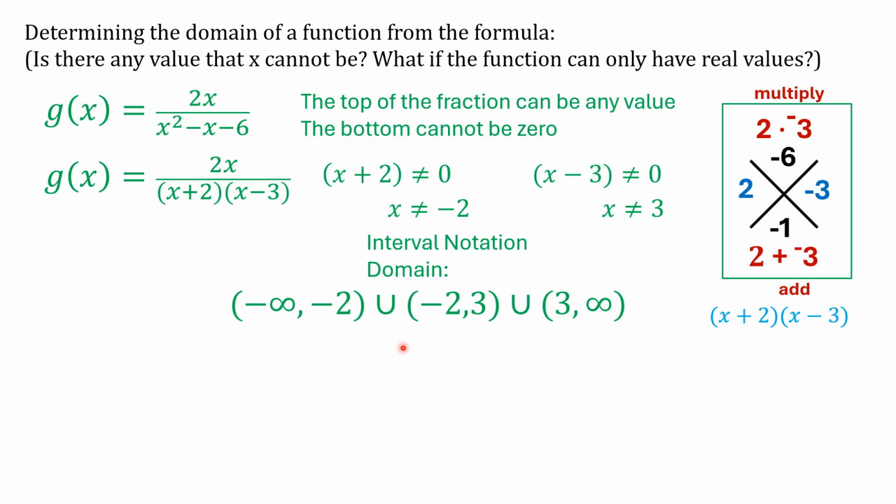We've plucked out the -2 and the 3, and with this domain, this is now a function. If you tried to make this a function on the entire set of x's, negative infinity to infinity, it won't work because there are 2 places where you won't get an answer.